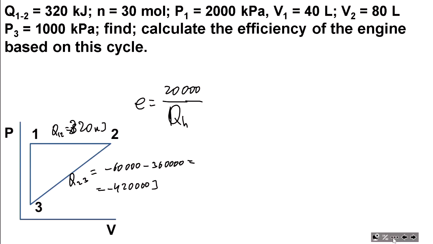Okay. How can I calculate the amount of heat? Well, we actually can do it differently. We don't have to walk through the third process again. We know that this amount of heat minus 42,000 should be equal to the work.